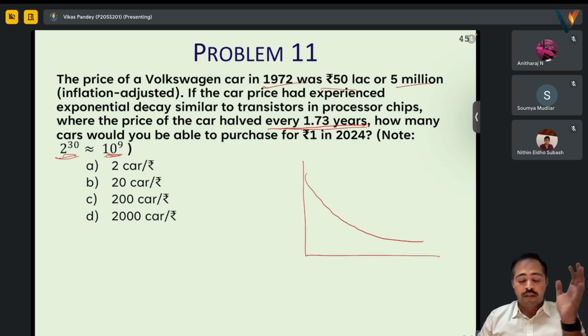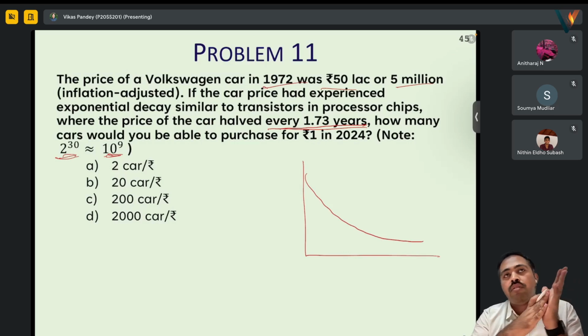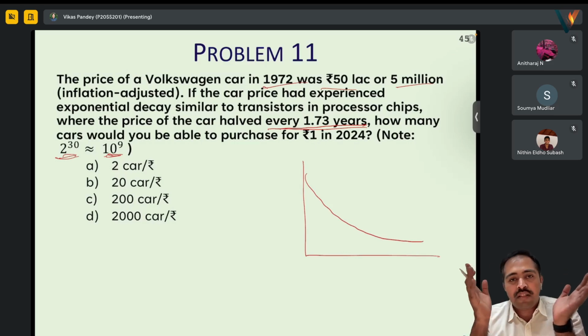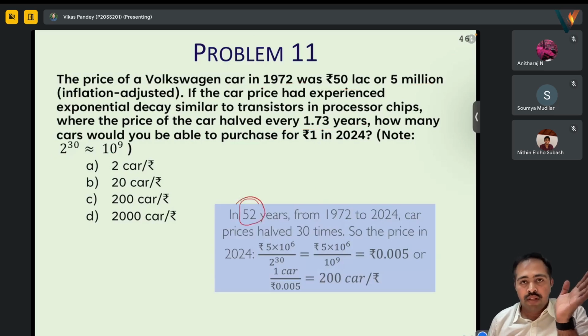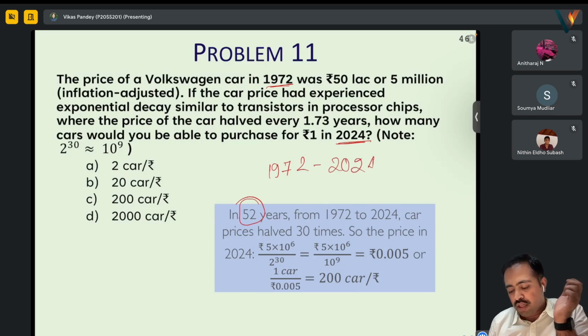In total, how many years is it? 1972 to 2024, that is 52 years.